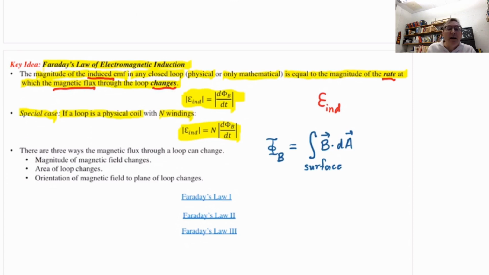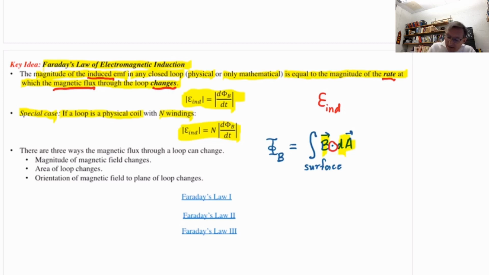I want to remind you of that because I want you to see how there are, in some general sense, three rather different ways that you can get a magnetic flux that's changing through a surface. And these three ways come from this very expression I just wrote down. Because the magnetic flux depends on B, it depends on the area of the surface, and because of the dot here, it depends on the orientation, the angle between B and the surface.